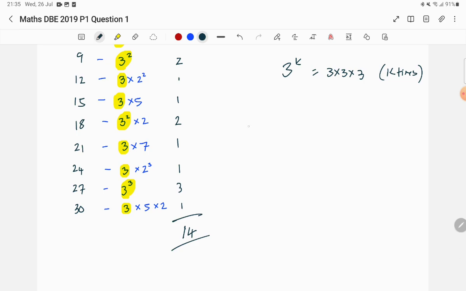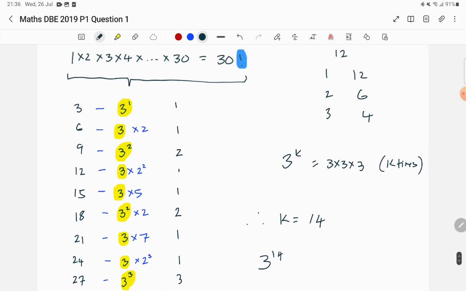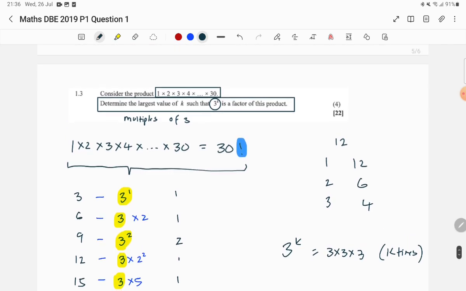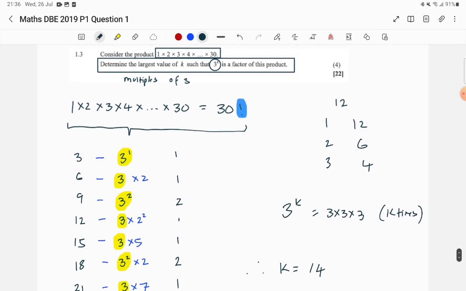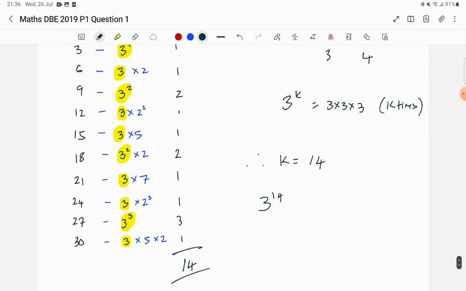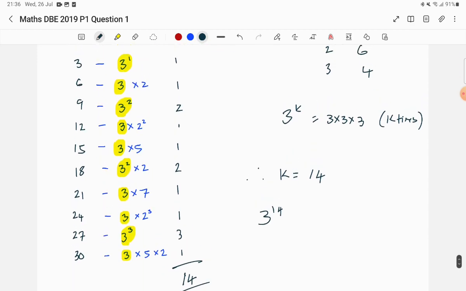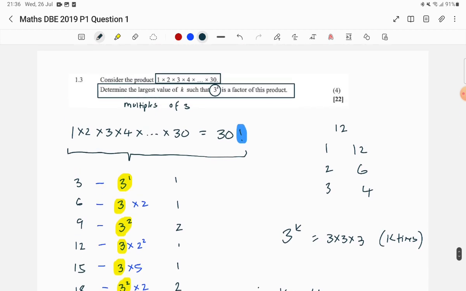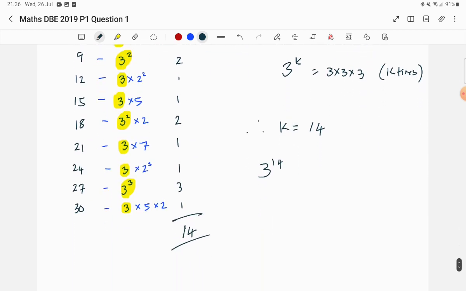Therefore, counting all the threes from the different multiples of 3, k is equal to 14. This means 3 to the power 14 is the largest such power, so 14 is the largest value of k such that 3 to the power 14 is a factor of 30 factorial.